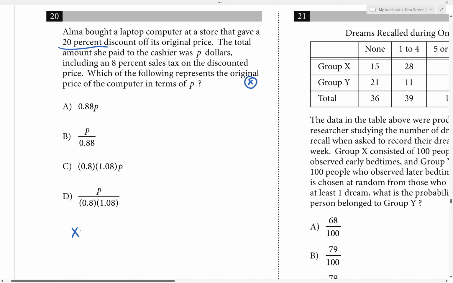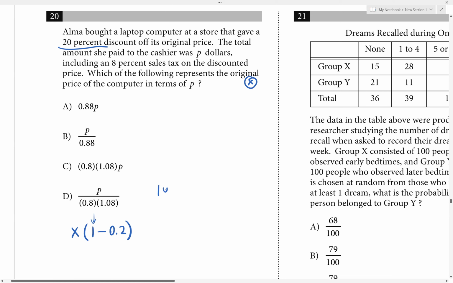So if X is the original price, to figure out the price after the discount, we do X times 1 minus 20%. So it'll be 1 minus 0.2. A 20% decrease will be subtracted from 1.